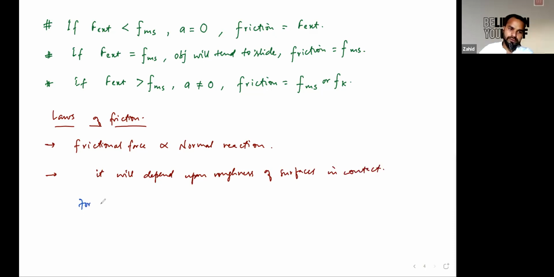So for maximum static friction, F maximum static would be directly proportional to normal reaction.